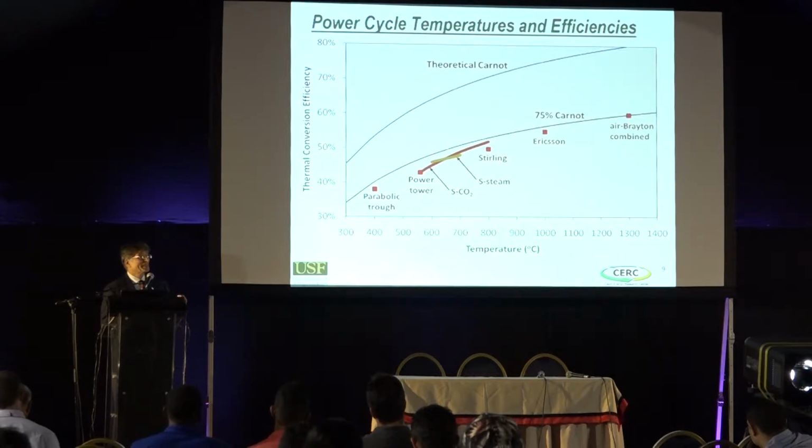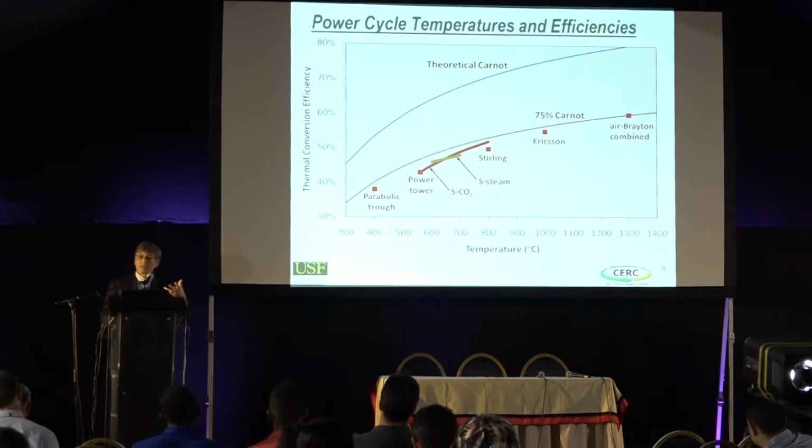But with supercritical carbon dioxide, we can go to temperatures higher than that. So that's a cycle on which we are working right now, and I'll show you why it's important, how much it can increase the efficiency.